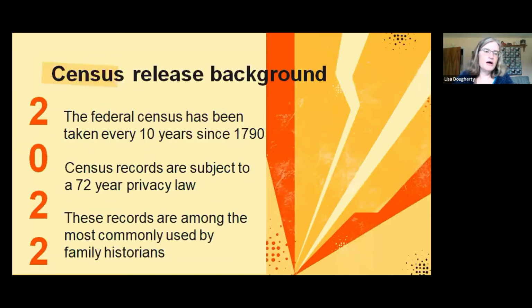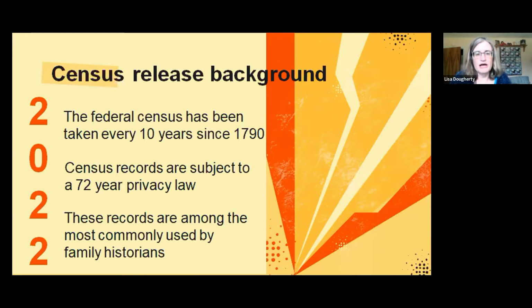Okay, so years that end in 2 are very important in the hierarchy of census access. As we know, a lot of us as genealogists have been working with census records for a long time, so we know a little bit about the census anyway. Federal census, which is a population count, has been taken in the United States every 10 years since 1790.